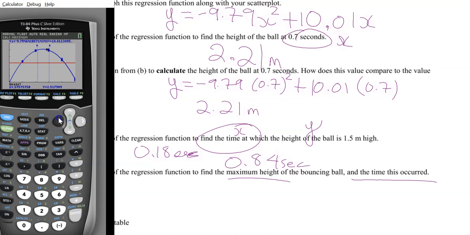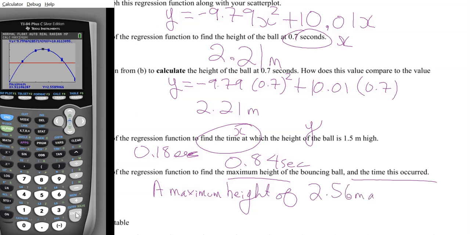Then for the guess, you just move to about the maximum point and hit enter. So there will be a maximum height, and height is a y value, of 2.56 meters at, and time is the x value, 0.51 seconds.